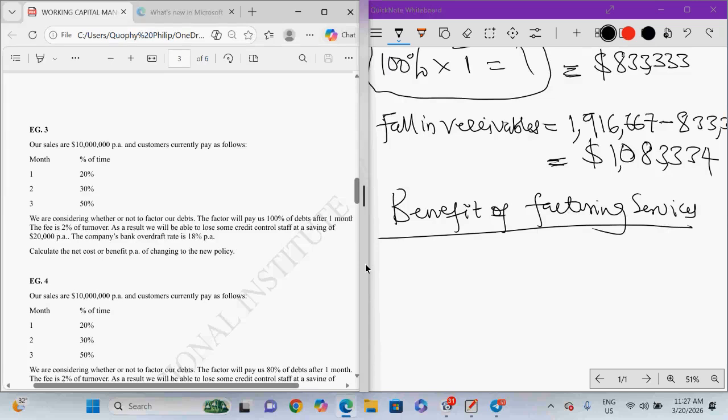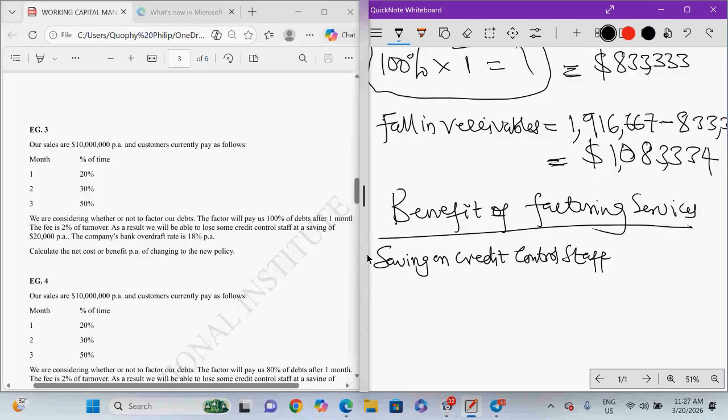One of the benefits is saving us 20,000. As a result, we'll be able to lose some credit control staff at a saving of 20,000. So saving on credit control staff, right?